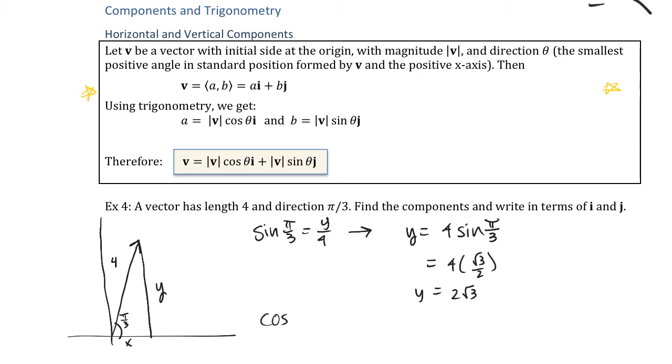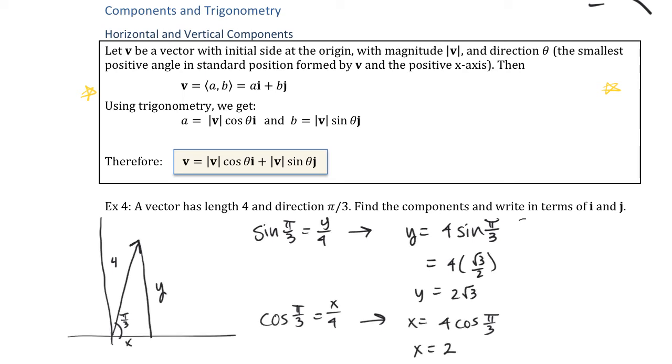So cosine of pi over 3, that is the adjacent, so that'd be x over the hypotenuse. And then we can solve for x. That would give us 4 cosine of pi over 3. And cosine of pi over 3, that's just a half. And so we would have x is 2.